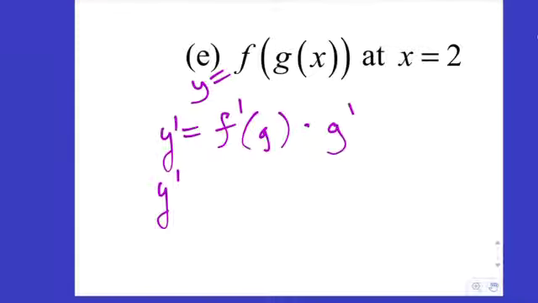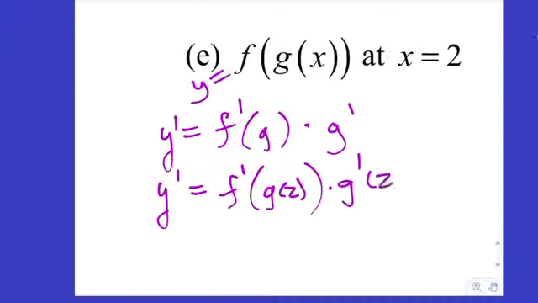And then we plug in a 2. So we get F prime of G of 2 times G prime of 2. And so remember the composition, G of 2 is going to be in the table, and then that output will become the new input for F prime, and that value will also be in the table.